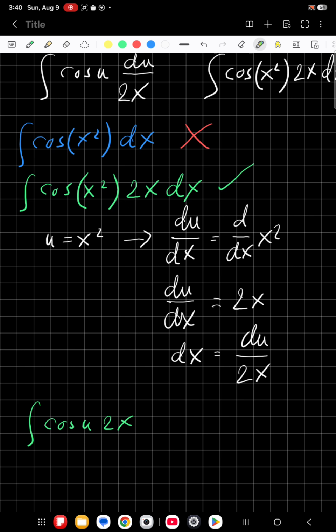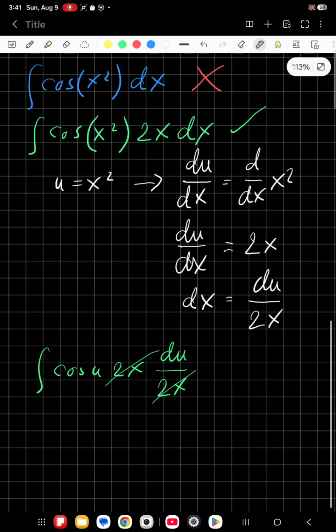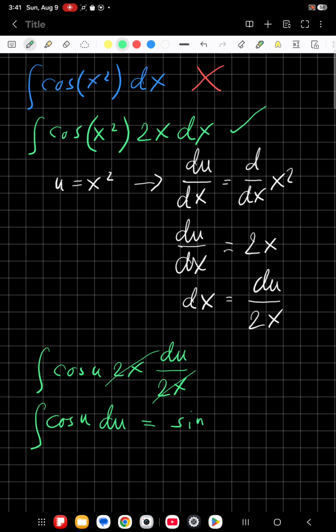So I have du over 2x. Now I can cancel these two, and this additional variable that I had in the equation, that x, is gone. So we're good to go. Finally we have the integral of cosine u with respect to u, which equals sine of u plus c.